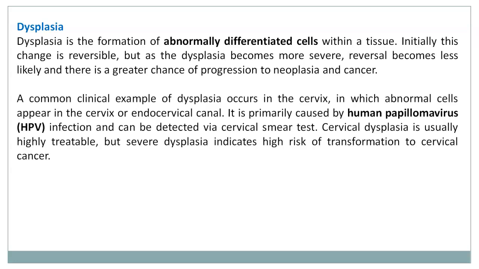A common clinical example of dysplasia occurs in the cervix, in which abnormal cells appear in the cervix or endocervical canal. It is primarily caused by human papilloma virus infection and can be detected via cervical smear test.